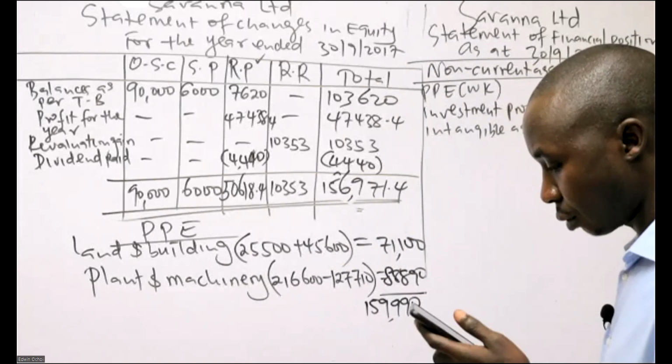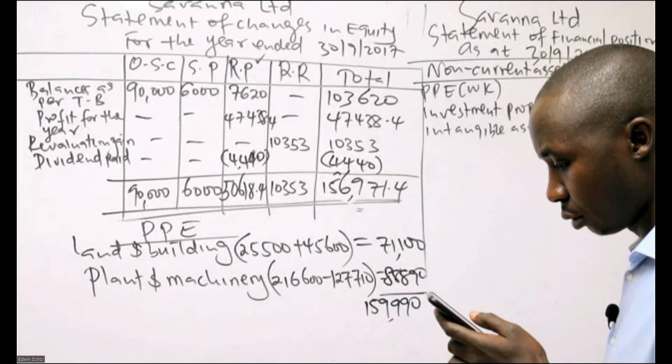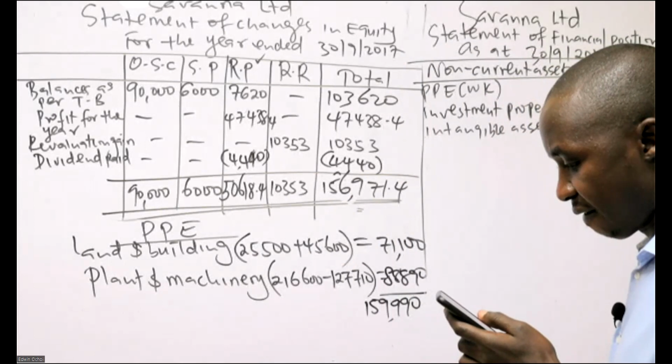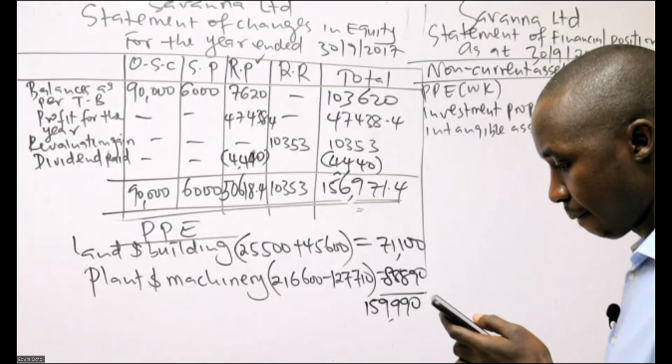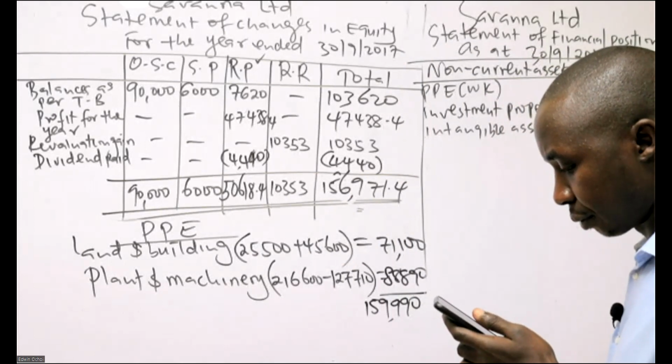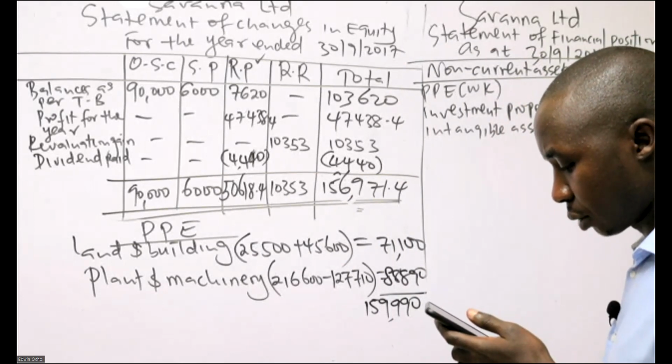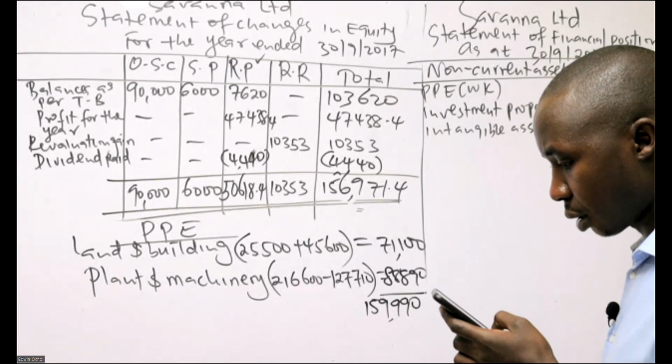Then is there another asset recorded here? That is what I'm trying to check from the trial balance.